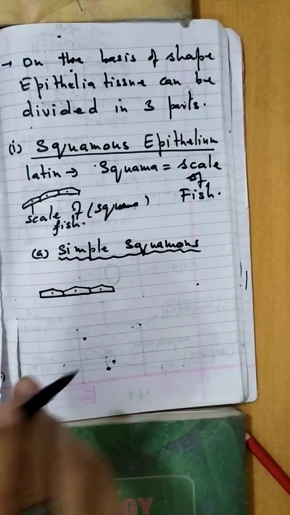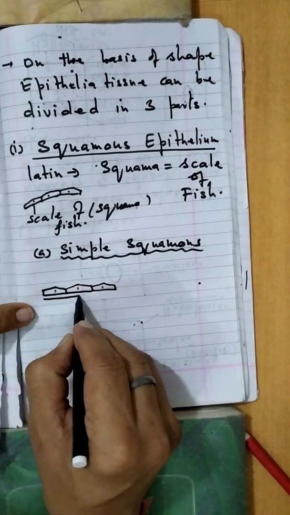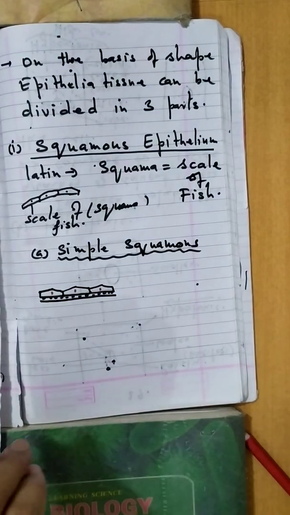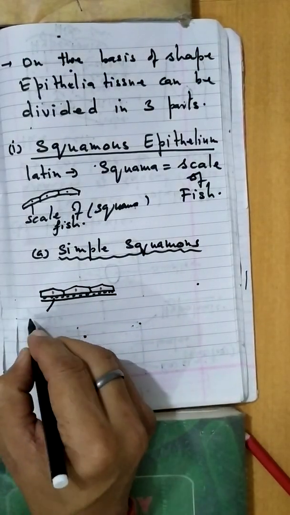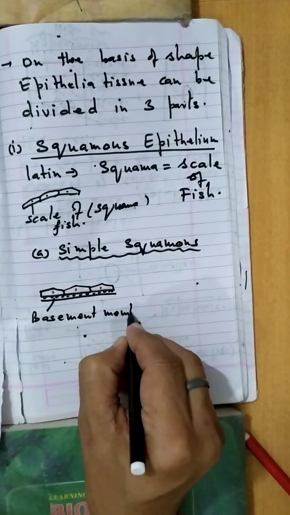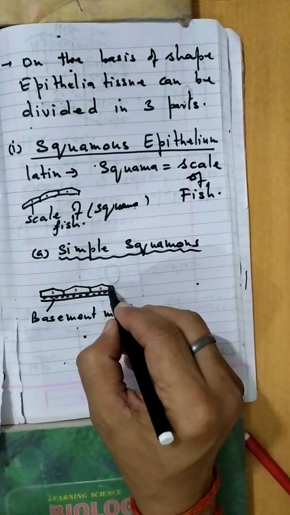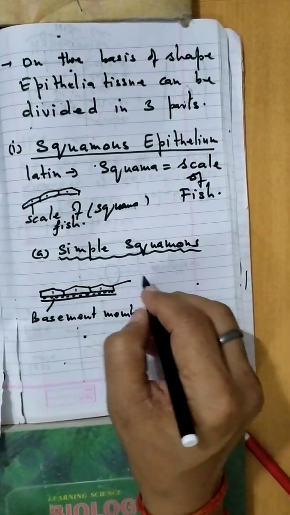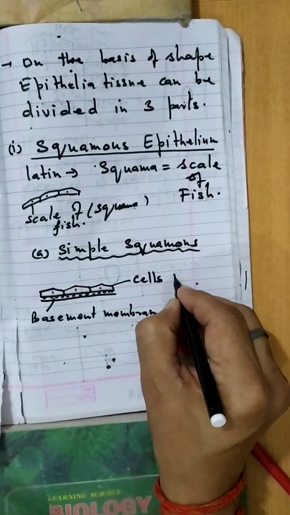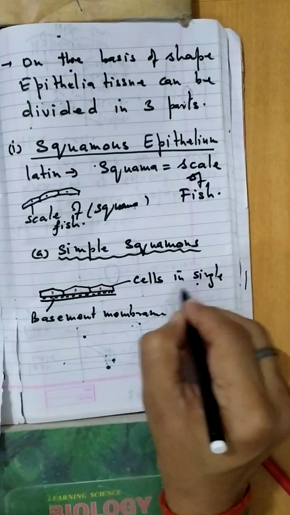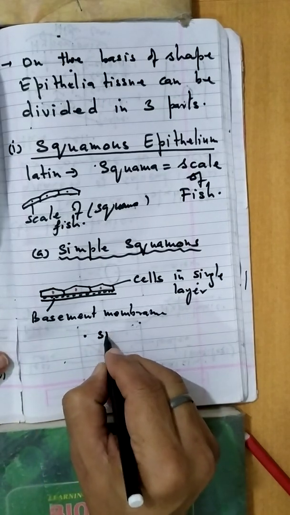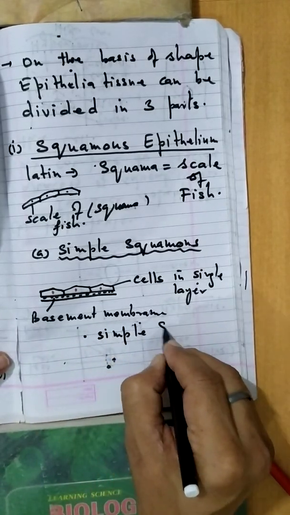These tissues are lying on a basement membrane. This is the basement membrane. This is the cells in a single layer, and the whole tissue is known as simple squamous.